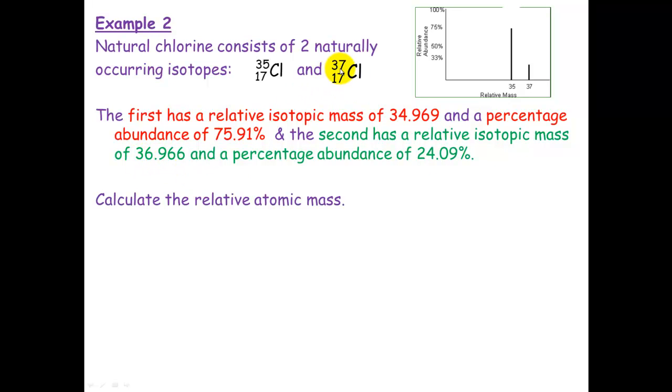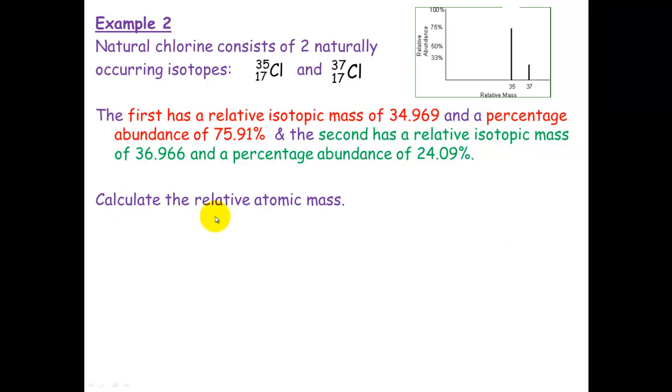Again, it's not quite 37, but we write it as isotope 37. Its abundance is 24.09. You'll notice again that the overall abundance of 75.91 plus 24.09, the grand total there is 100%. It has to be, because there's only 2 isotopes occurring naturally.